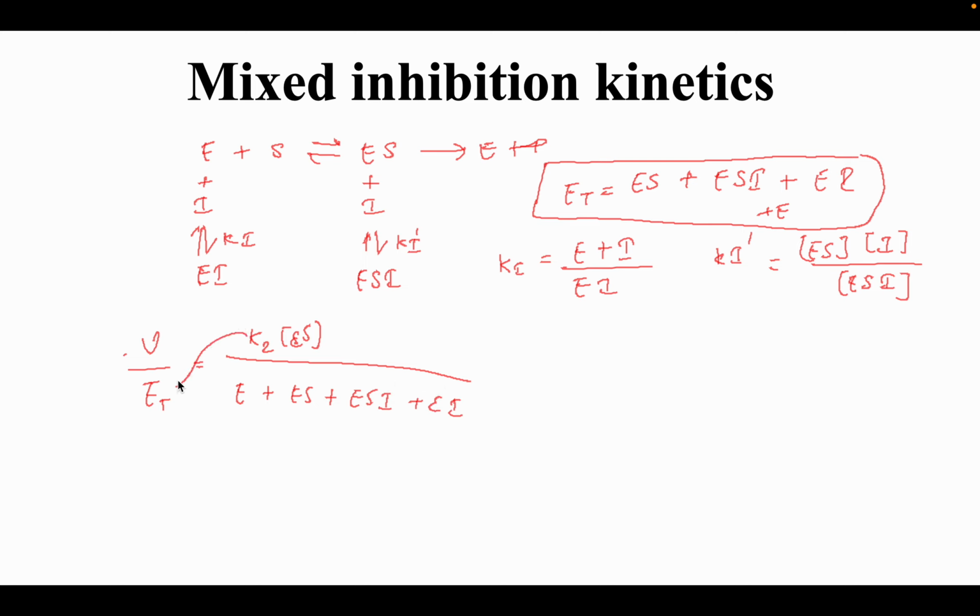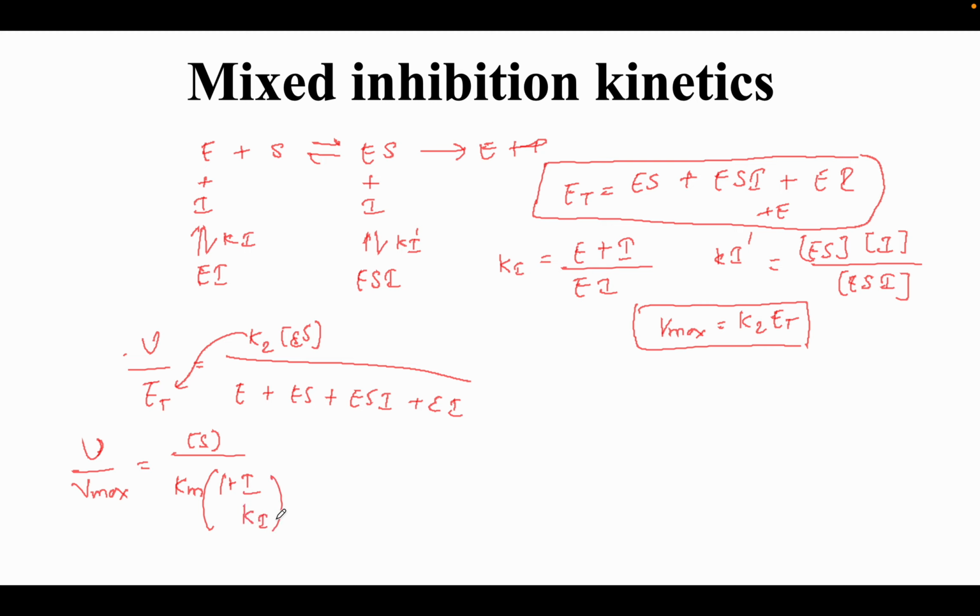Again we'll bring the k2 here and it will become Vmax, because Vmax is k2 times ET. So V0 upon Vmax is equal to substrate concentration upon, if we convert ES into Km, Km times 1 plus inhibitor upon Ki, plus substrate times 1 plus inhibitor upon Ki prime.